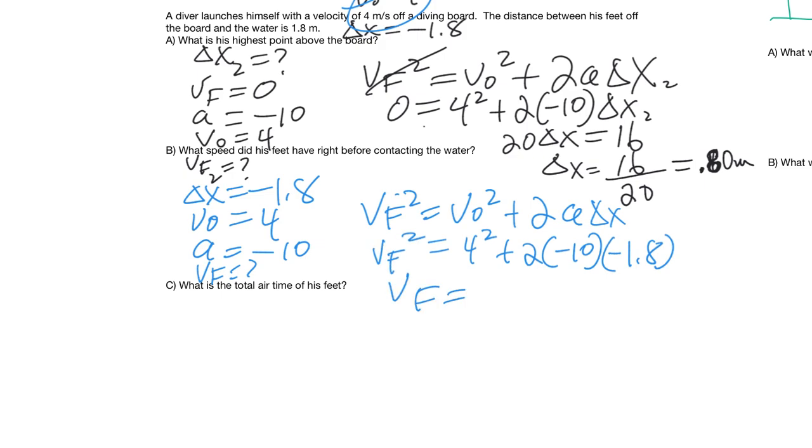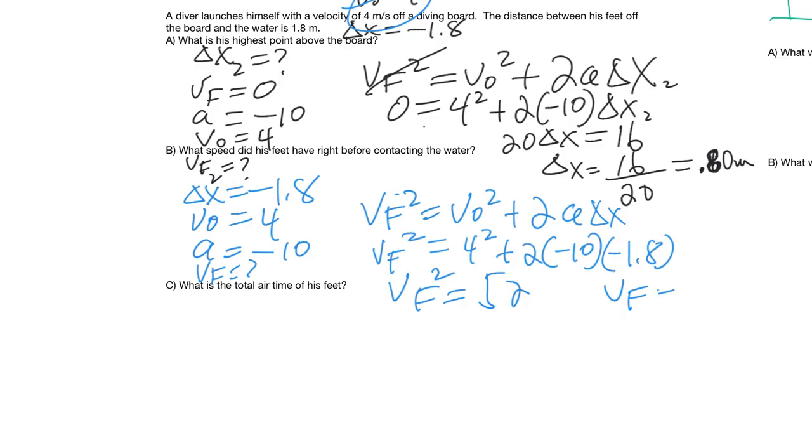So VF squared equals 16 plus 20 times 1.8. I'm going to get 52.